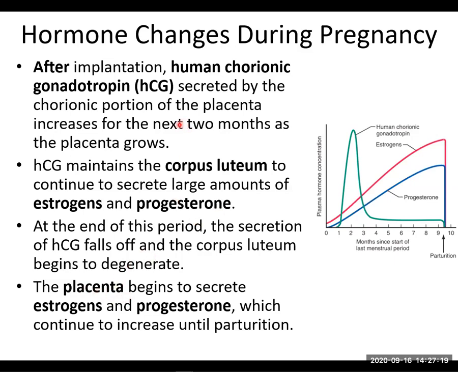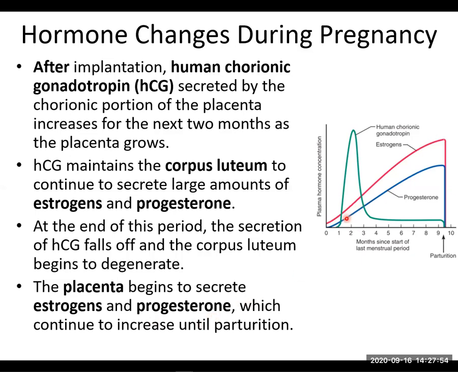Instead of doing it through a middle person, HCG, to get the estrogen and progesterone from the corpus luteum, which remember is still in the ovaries, the placenta is now big enough that it can produce its own estrogen and progesterone.